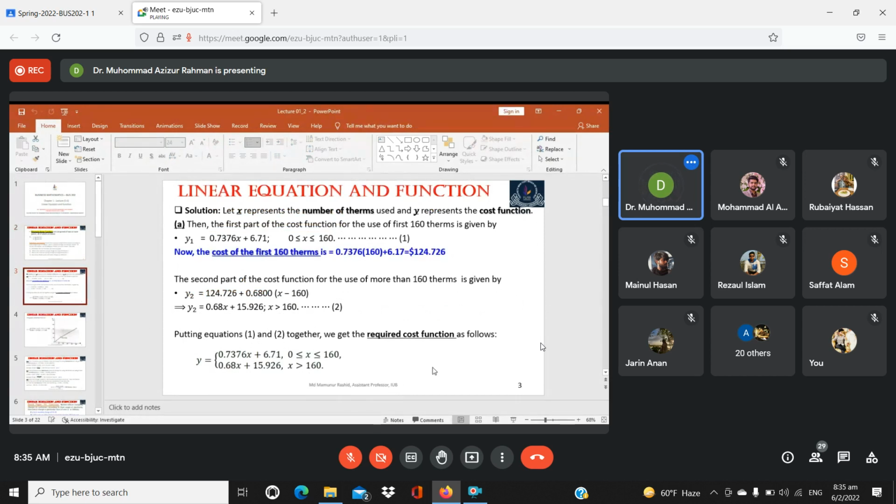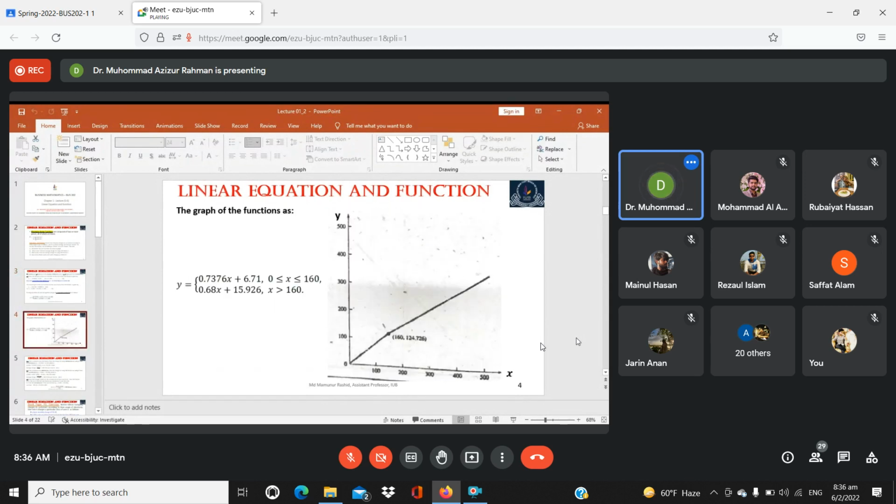The x-axis is the number of therms and the y-axis is the cost. We divide our axis 100, 200, 300, 400, 500, and similarly the y-axis also 100, 200, 300, 400, 500. This is the dollars, and this is the number of therms.